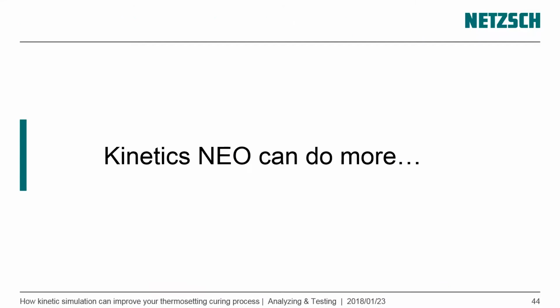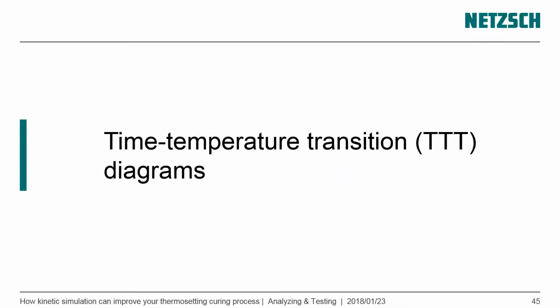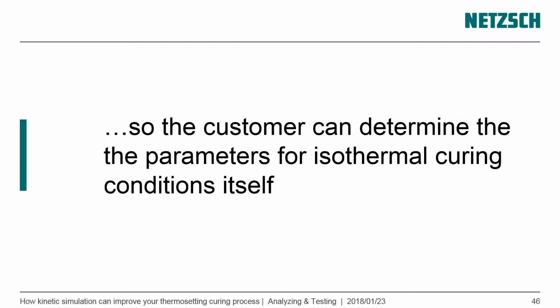And Kinetics NEO can do even more. Kinetics NEO can calculate time temperature transition diagrams for you. What are time temperature transition diagrams? Time temperature transition diagrams are like a landscape of your material.